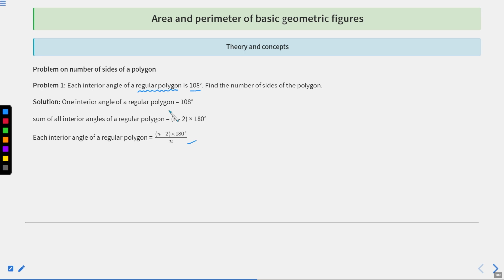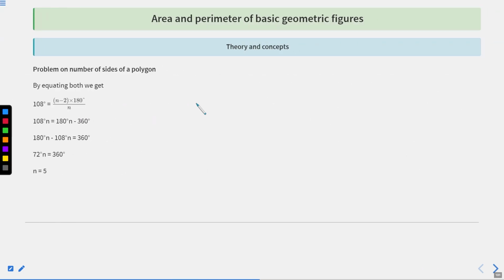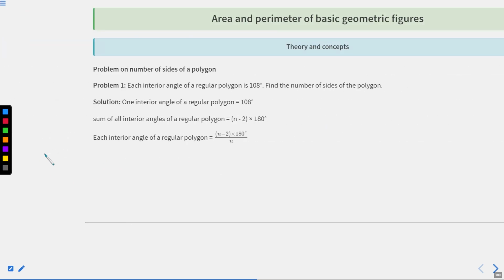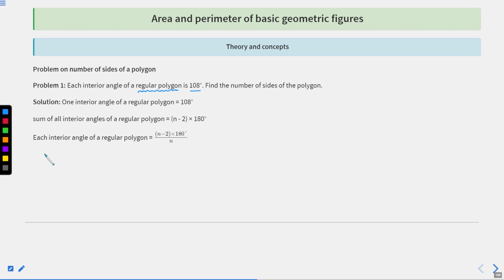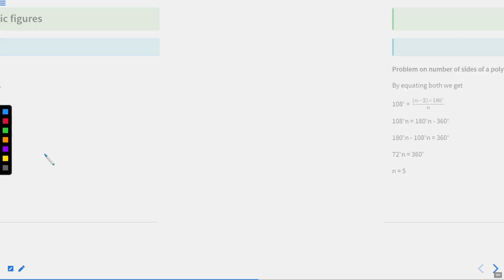Now it is given to be equal to 108. So just equate this expression to 108, and on simplification, I will have 108 degrees times n equal to 180 degrees times n minus 360 degrees, and at last n equal to 5. So the correct answer is n equal to 5. This polygon has 5 sides.